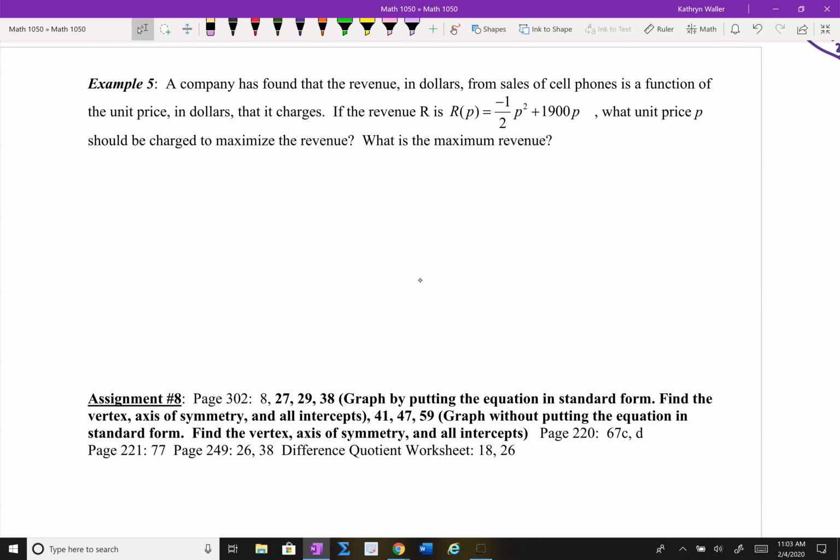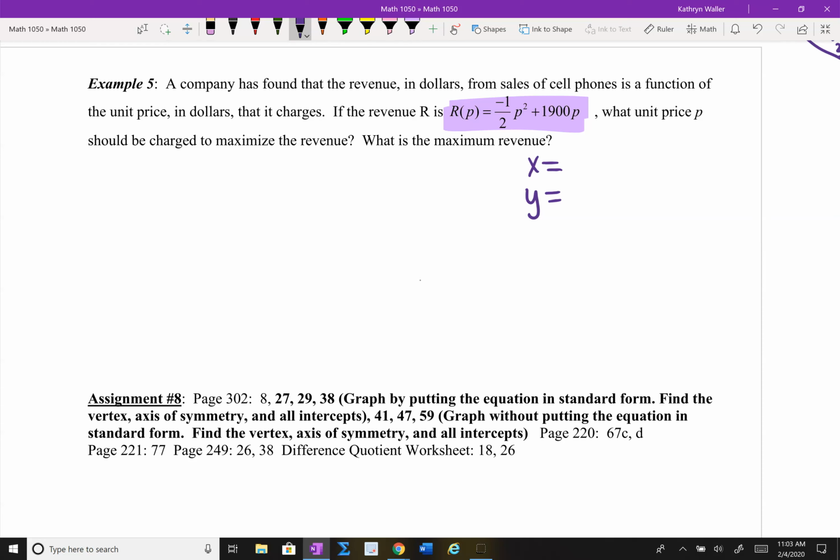I want every single word problem you ever do in this class to begin with x equals, y equals. Because the reason that people miss it is they get mixed up about what stands for what. Why are you saying x and y? Because there's not even an x and a y in my problem.